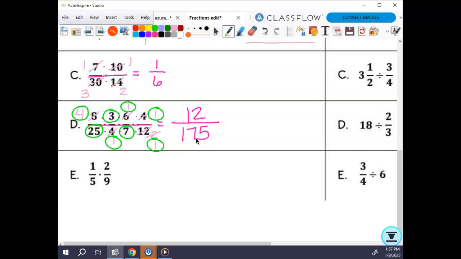We had chosen the 8. Okay, so let's look at, I'll do that in a different color. How's that? Like if you had chosen the 8 with the 4, I would get the same answer.